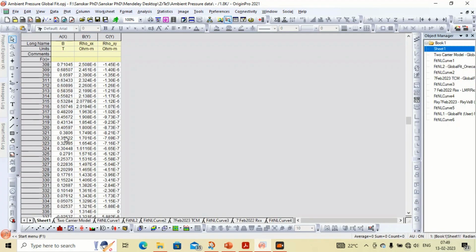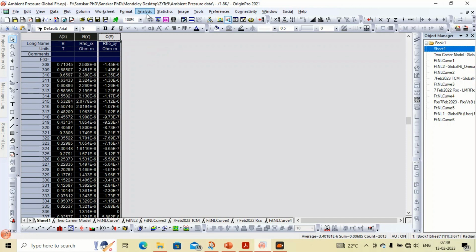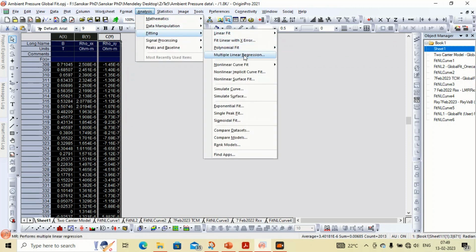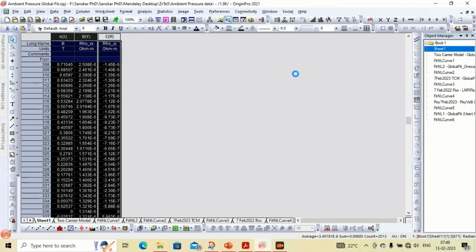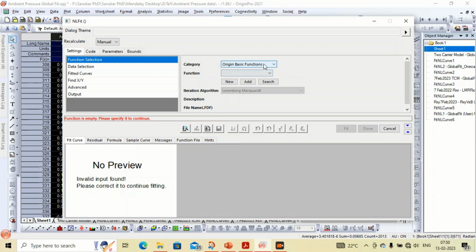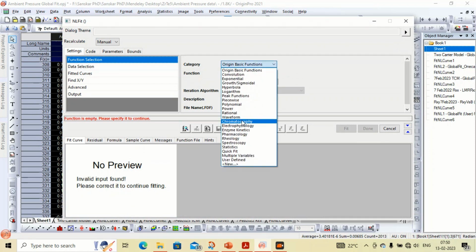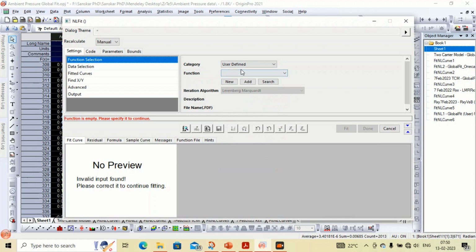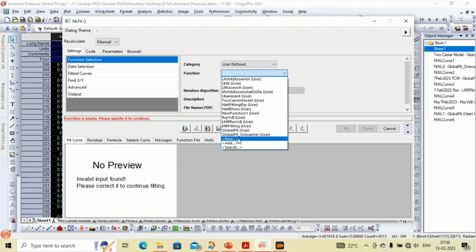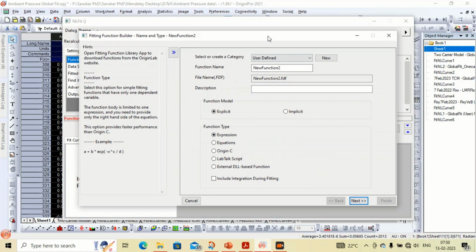This is the magnetic field, and this is rho xx, and this is rho xy. So what I will do is select this data, go to Analysis, Fitting, Nonlinear Curve Fit. In the function category, we will select User Defined, and I will try to add a new function here. I will name this function two carrier global fit.